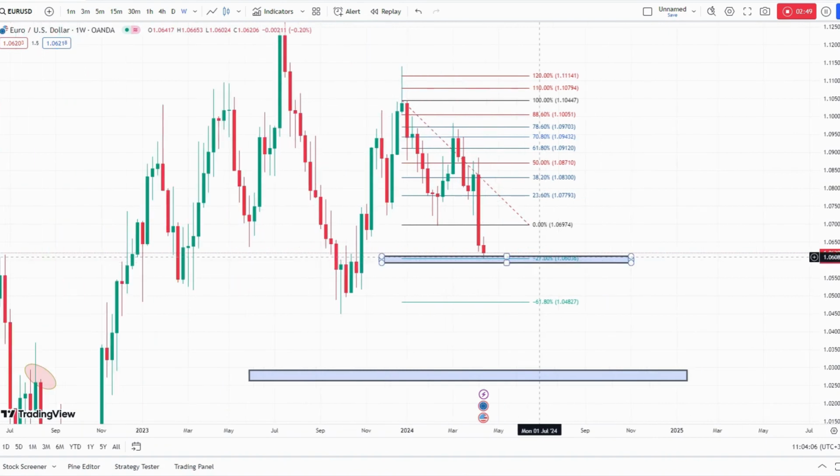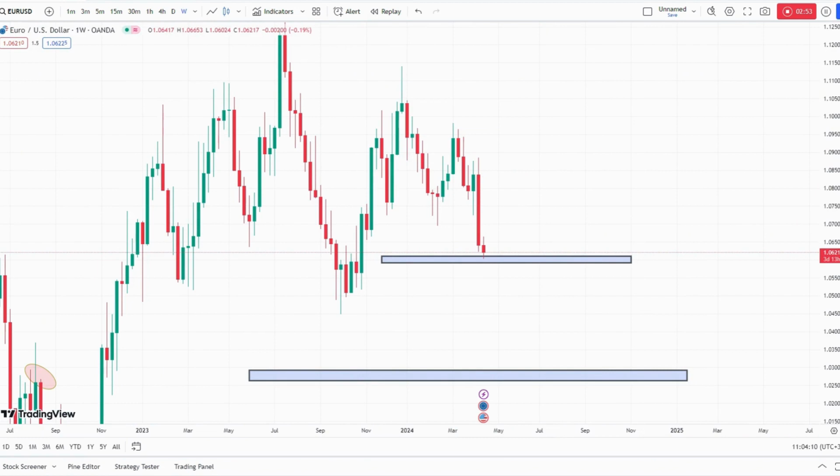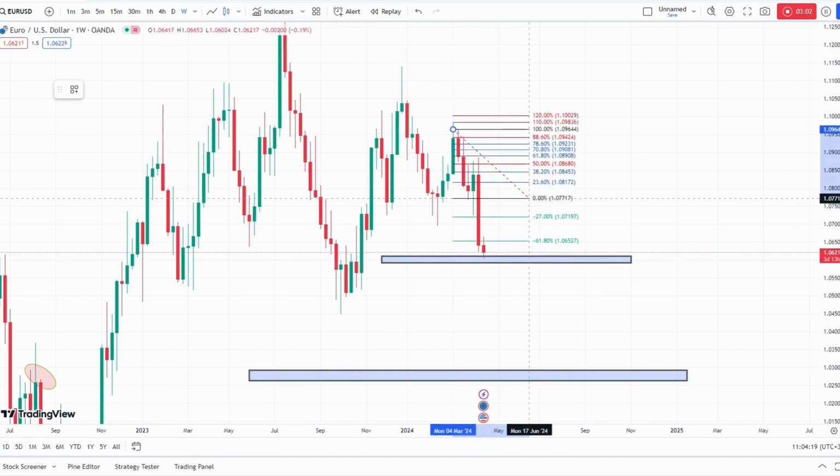All right, we delete this and then put another one from here to there. From there to there. Okay, 38, and then the market fell to negative 27 and all the way down to negative 61.